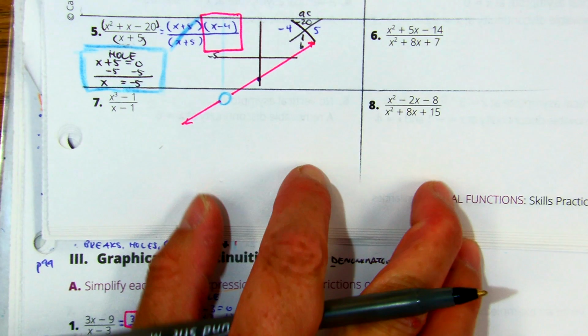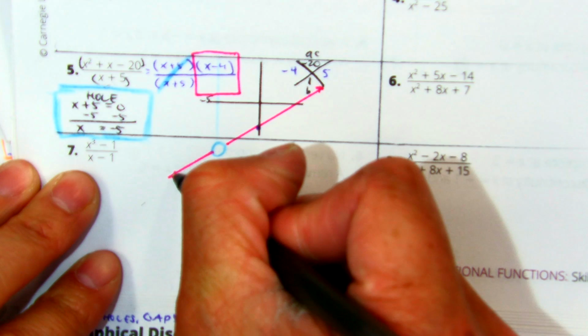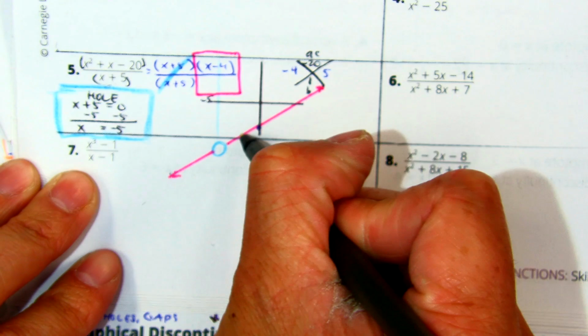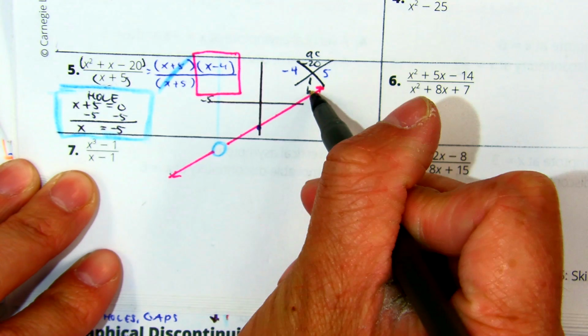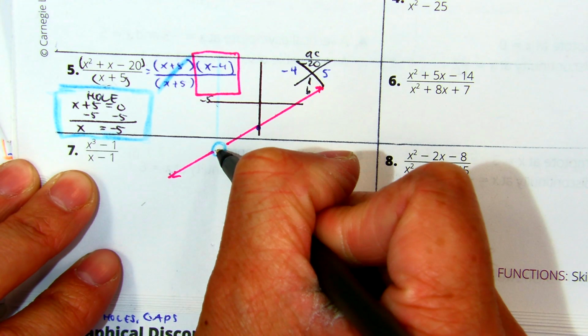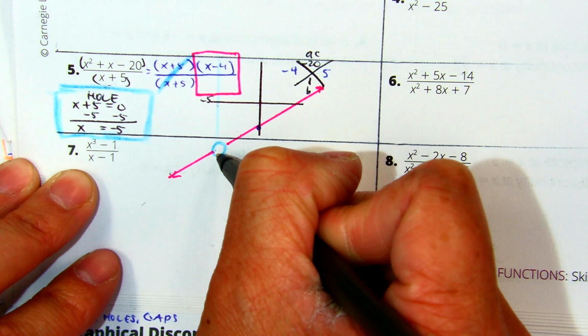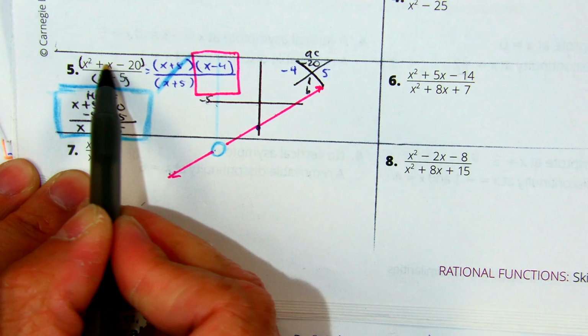What does a removable hole mean? Every point on the graph is actually a closed circle, just like I did on the y-intercept here. It's a closed circle. It means it's a solution. But when you go to x equals -5, it's going to be undefined. And let me explain why. Forget the numerator, but look at the denominator.